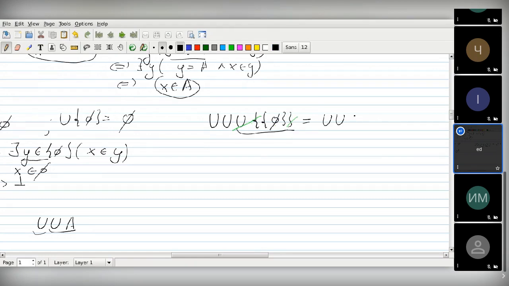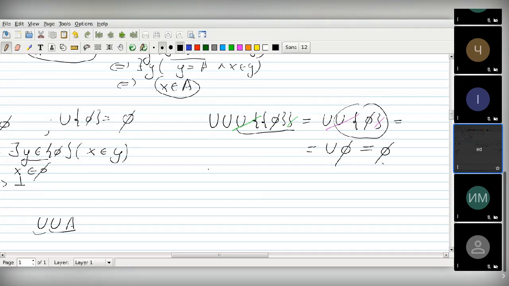So this would be the union of this set. The second application cancels another pair of curly brackets. So this is the union of the empty set, which is empty. Is it clear?